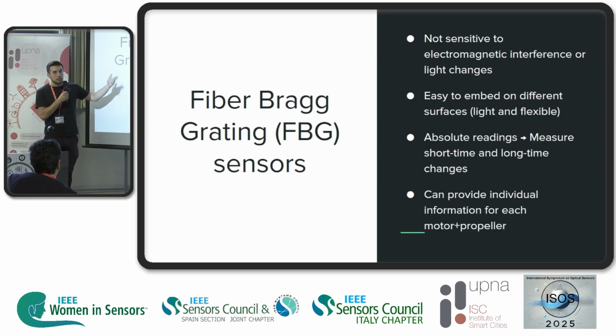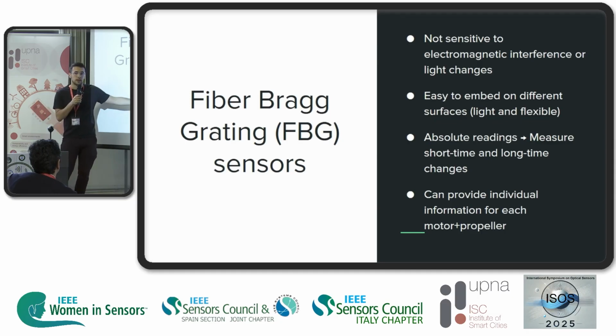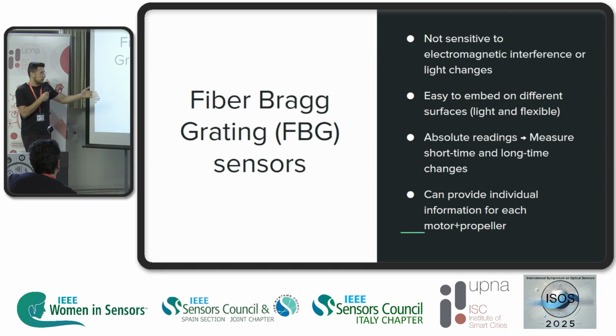We can get absolute readings, so we do not only measure short time changes, but we also get how the surface changes over long periods of time. And as another advantage, having the ability to install multiple sensors wherever we want, we can provide individual information for each motor and propeller.